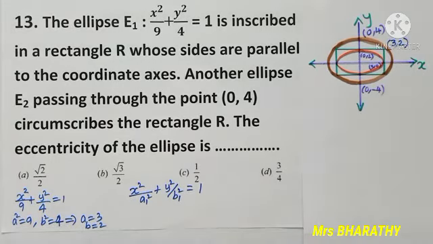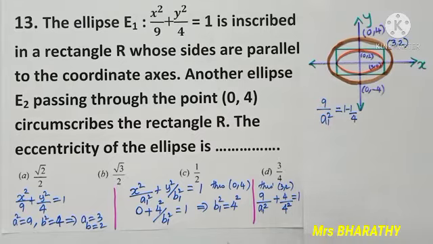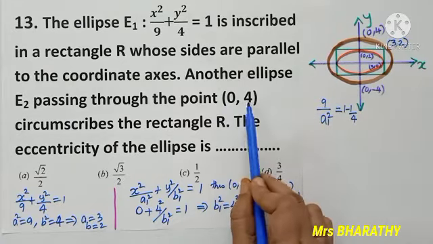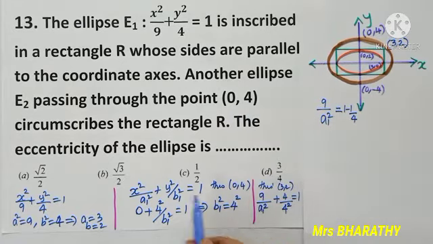I am yet to find out what a1 square and b1 square are. Given it is passing through 0, 4, as I substitute, 0 by a1 square plus 4 square by b1 square equals 1. As I cross multiply, b1 square is 4 square.